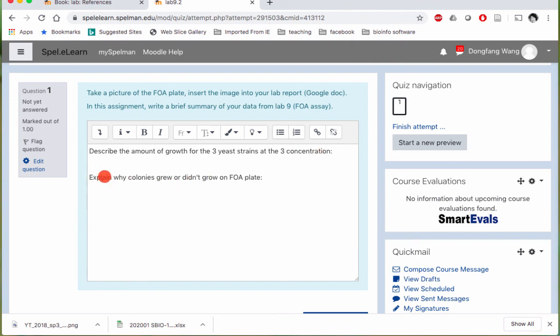And you're also going to explain why the colonies are growing or not growing on those 2 plates. So here, this is the conclusion part of your results section, adding the goal statement and brief mentioning of the method. So here is basically how you write the results section for your lab report. So please, once you're done here, copy paste what you have into your lab report.